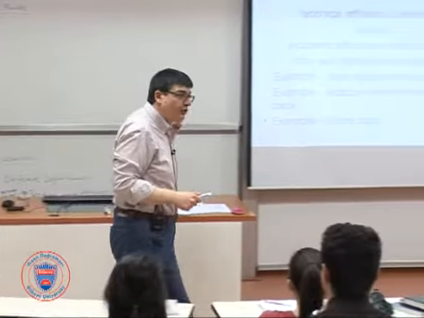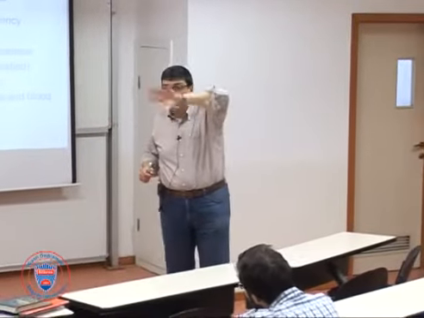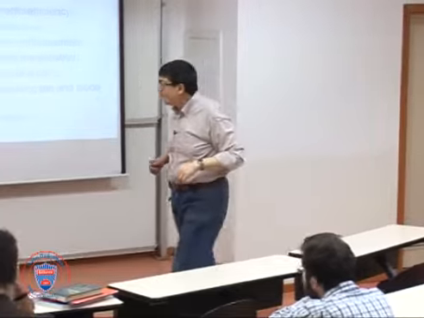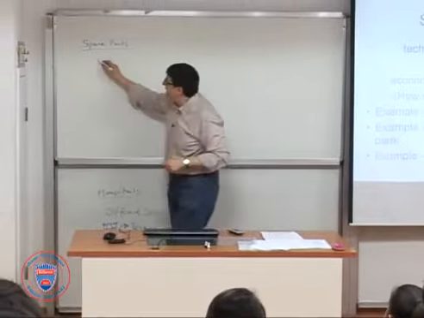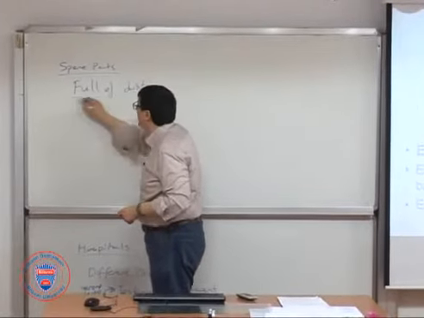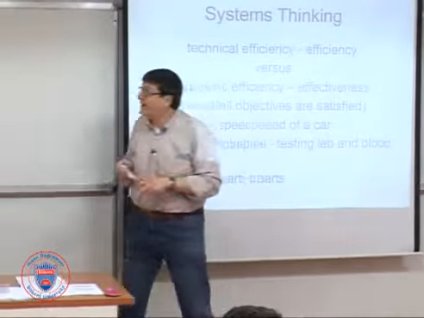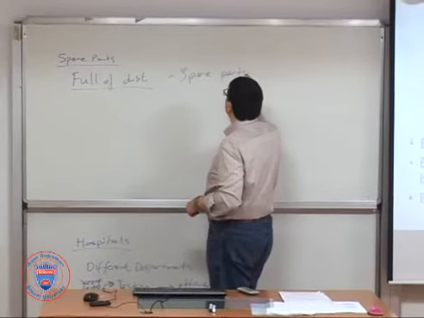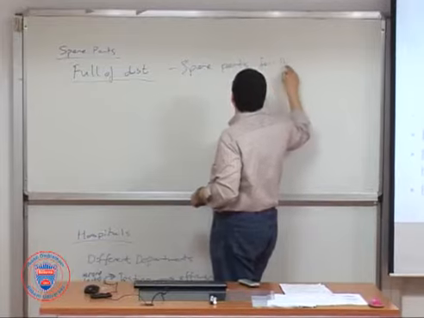Now, if you go to Mini, you're going to see that in some part of the inventory, they will have some parts which are full of dust. And when you ask them what they are for, they will say that they are spare parts for the press.